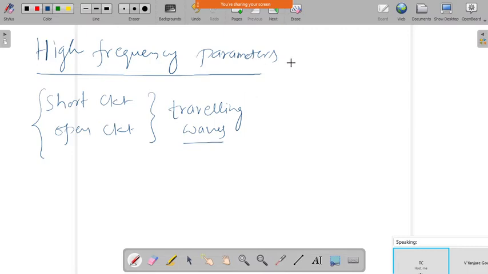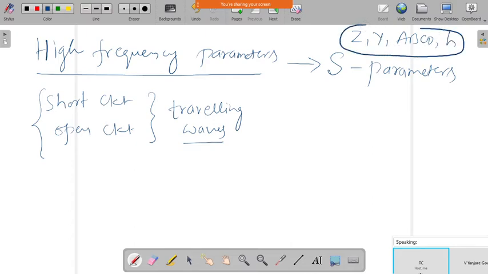These high frequency parameters based on traveling waves are called S parameters. Similarly, Z, Y, ABCD and H parameters are all low frequency parameters, and likewise we have the S parameters for high frequency. We define S as scattering parameters.